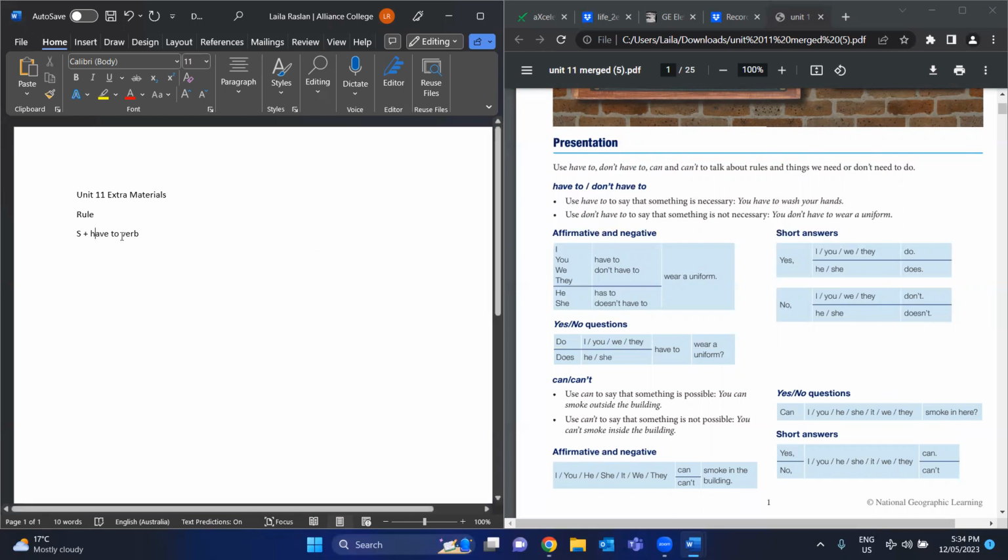And then verb, whatever that main action is. So for example, I have to work tomorrow. Very simple. I have to answer my phone. So it could be a present statement or it could be a future statement.